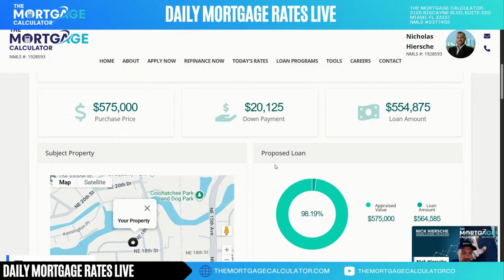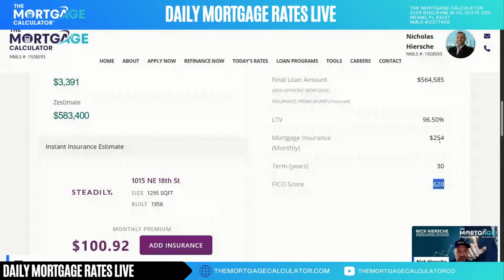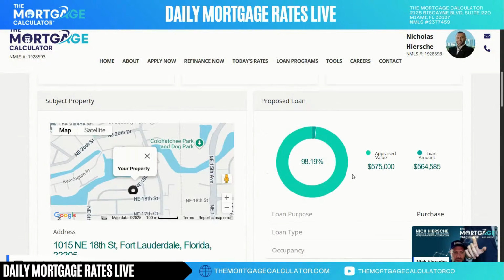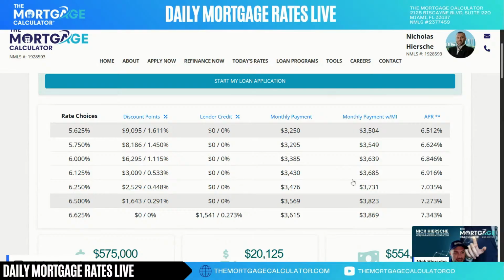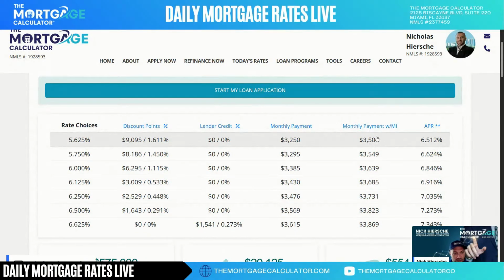This 620 FICO score allows us to get $254 monthly mortgage insurance, and that is added to the payment. You see the monthly payment with MI. We have a pretty standard lowest payment option here of $3,504 a month.